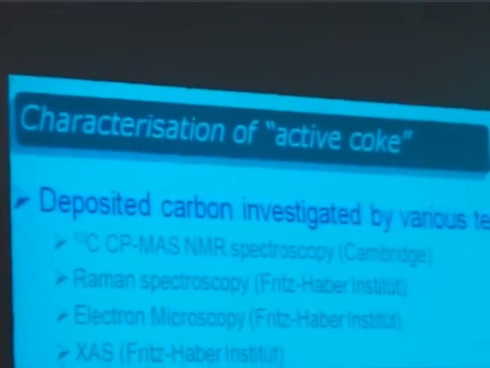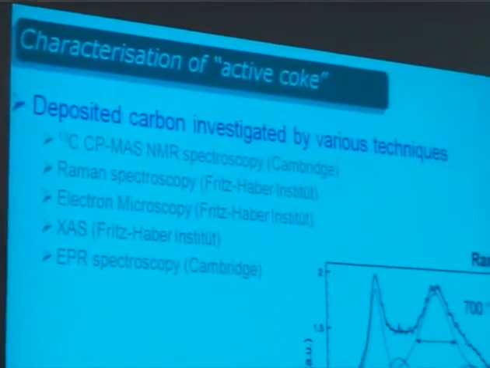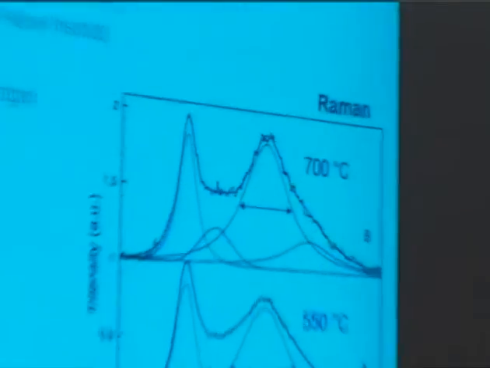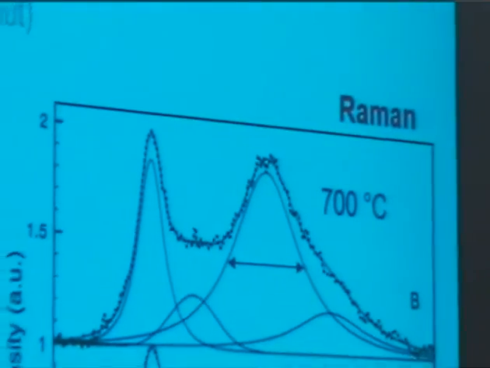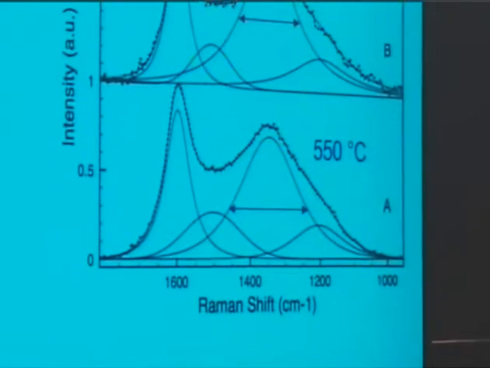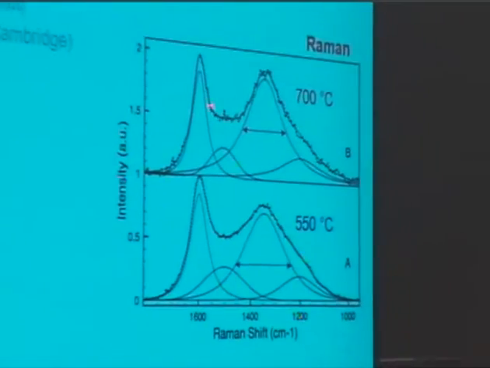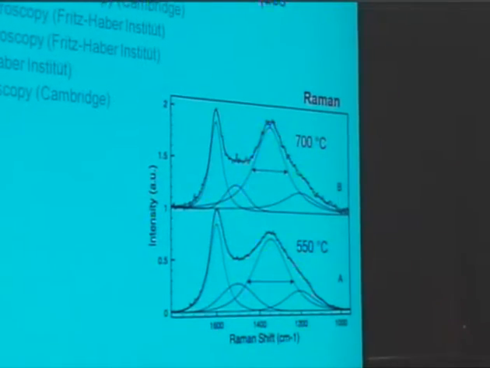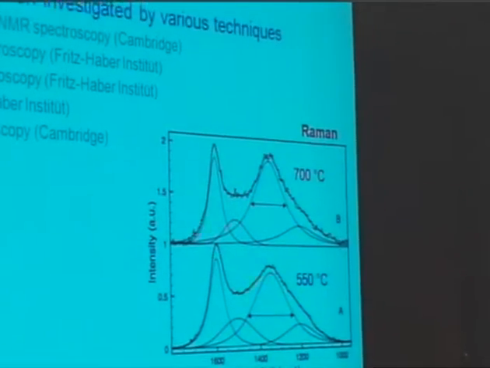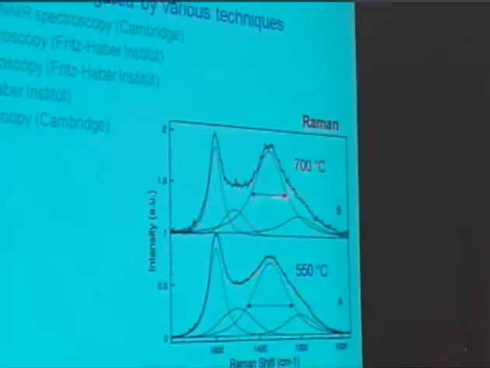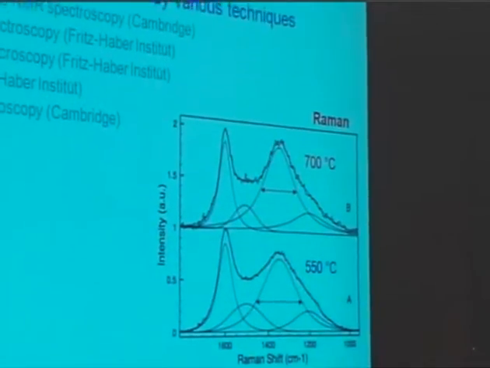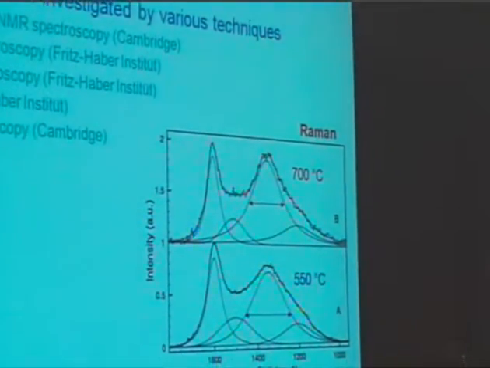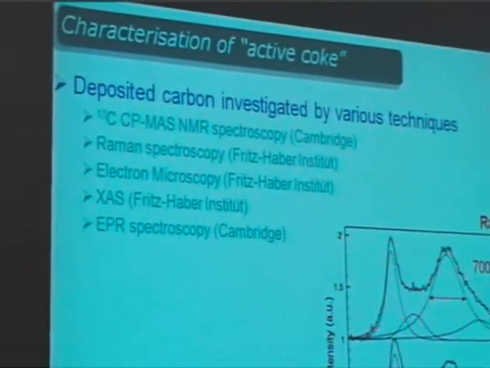There's actually some Raman spectra of the coke that's formed at the two different reaction temperatures, for instance. There's not a great deal of difference if you take the ratio of your G and D bands. The main difference that you're seeing when you go to the more graphitic material is the narrowing of the line widths. But you're trying to pick up relatively small changes.